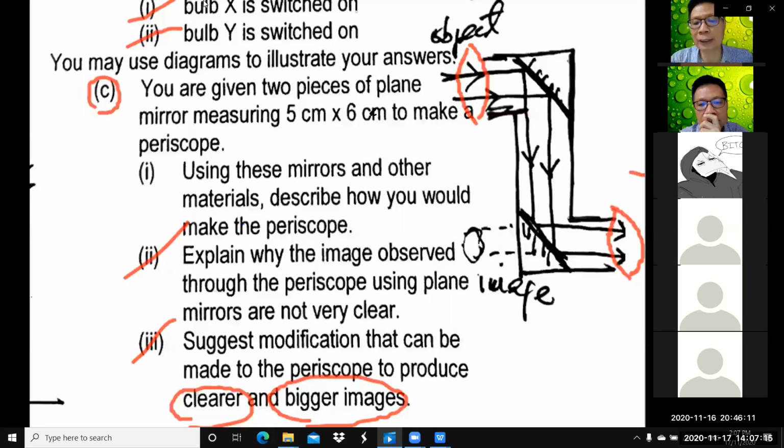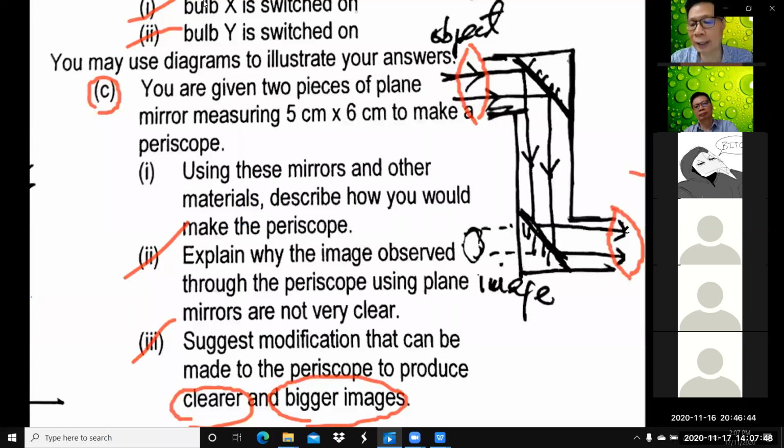So your second suggestion, you say like this: place 2 convex lenses at the 2 ends of the periscope. 2 ends, E-N-D-S.